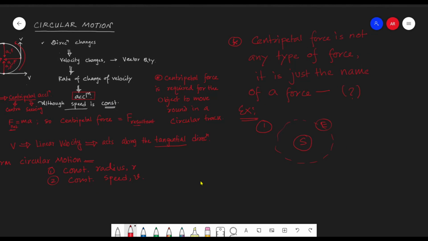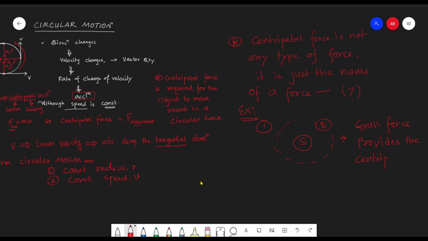As you see in example 1, the earth is revolving around the sun. So how can earth revolve around the sun? It is because of the gravitational force. So the gravitational force existing between sun and earth is providing the required centripetal force.